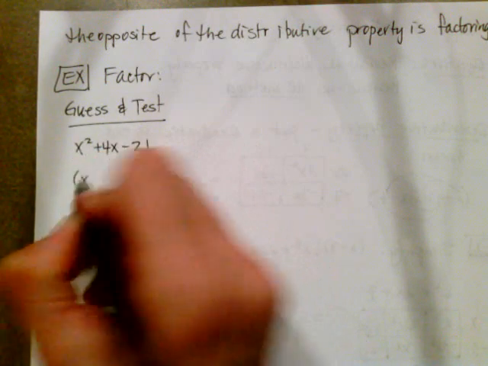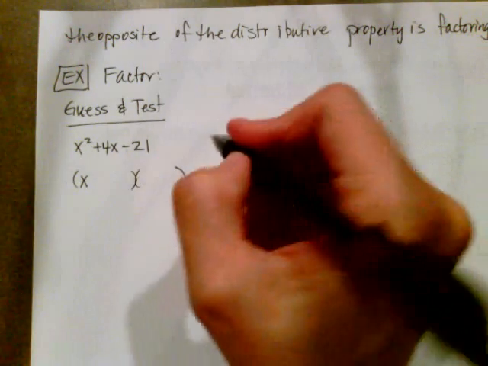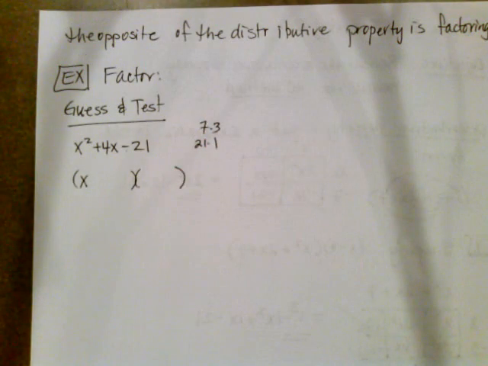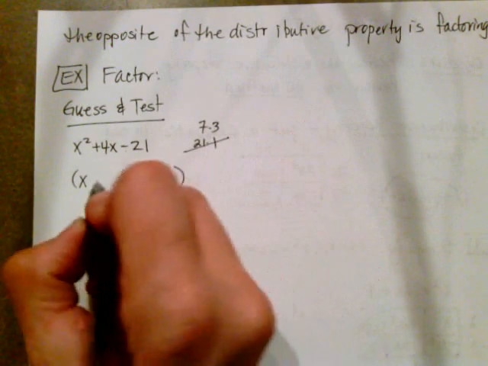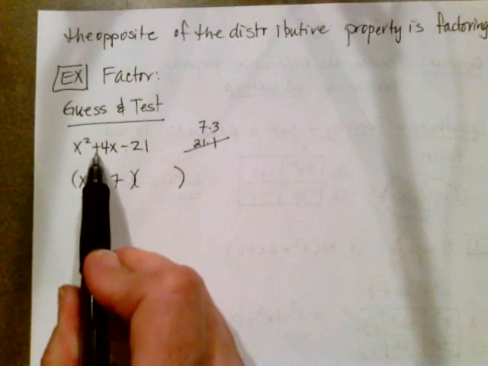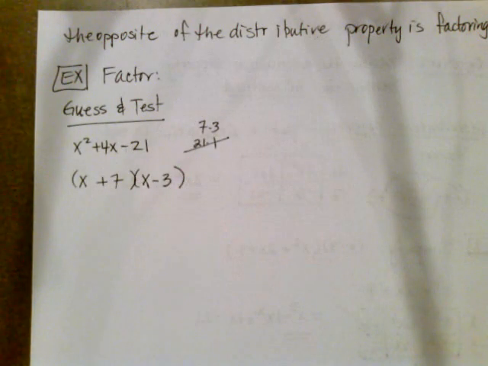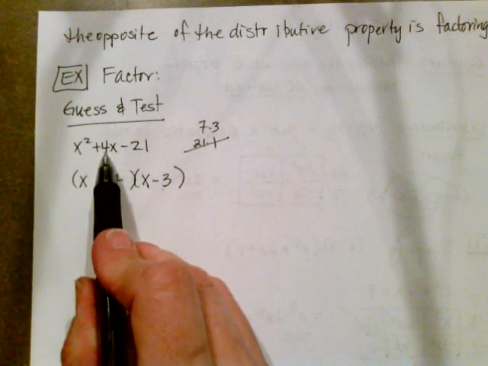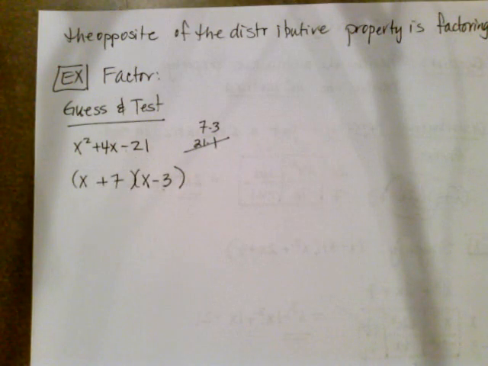So if I factor this, my factors of 21 are 7 and 3, and 21 and 1. So my two pairs are 7 and 3, 21 and 1. This one doesn't work, so then I'm going to use the 7 and the 3. So I'm going to make the 7 positive because it's positive here, and then I'm going to do x minus 3 here. Then I'm going to check my work. 7 minus 3 is 4, and then 7 times a negative 3 is a negative 21.